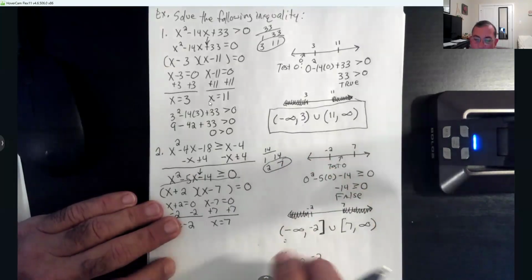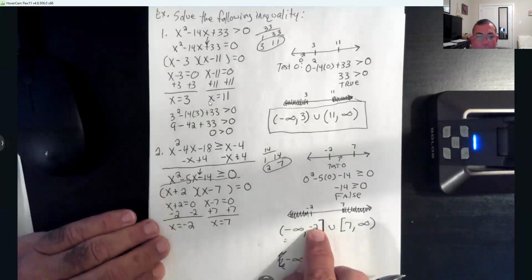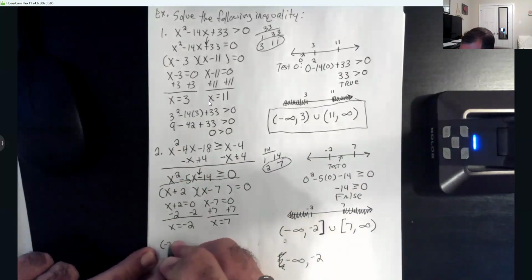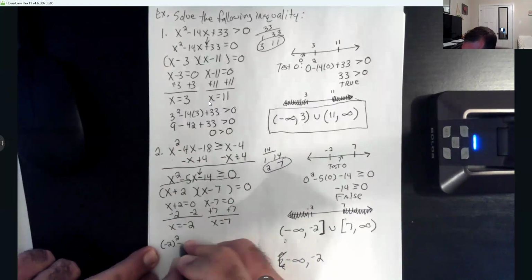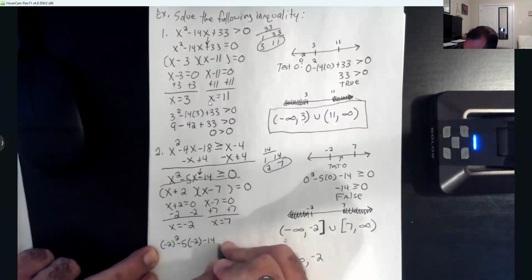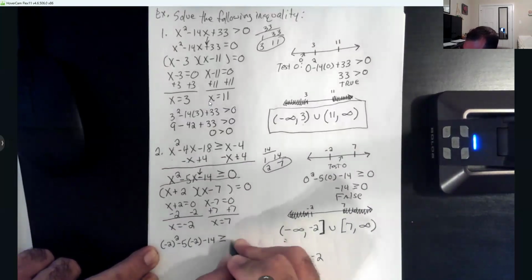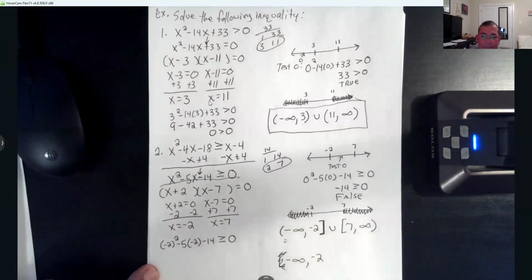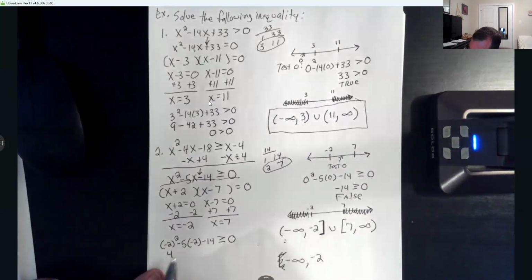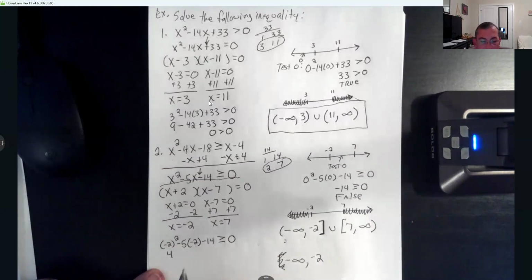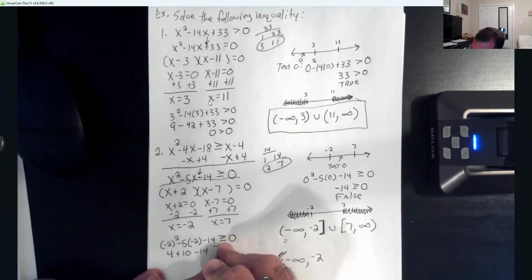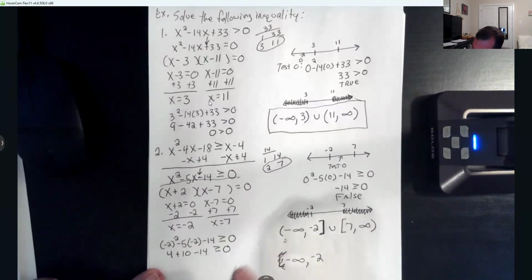Okay. Now watch this one. Let me put a negative 2 into this right here. So I would have negative 2 squared minus 5 times negative 2 minus 14 has to be greater than or equal to 0. All right, negative 2 squared is 4. Negative 5 and negative 2 give you a positive 10 minus 14 greater than or equal to 0.